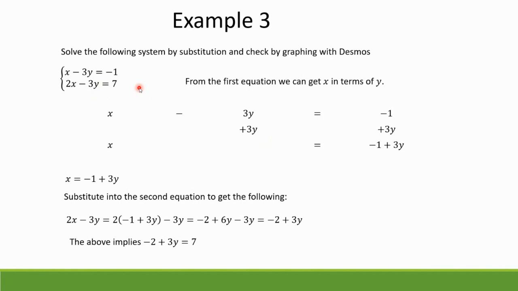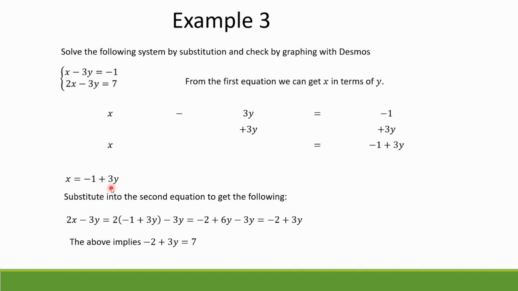Great question. So from here, I add 3y to both sides, and we get x is -1 plus 3y. So that's what we get for x.